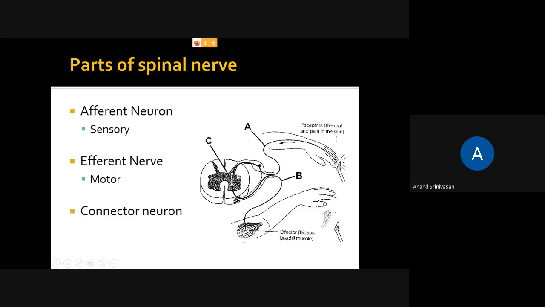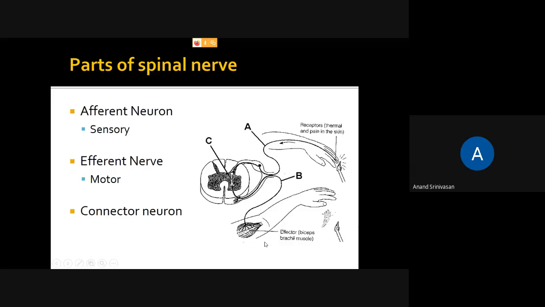It realizes that there is a sensory sensation, processes it, and then makes the effective reaction. So if it is a hot surface, the person will move his hand away from the hot surface. The processing takes place in the spinal cord.